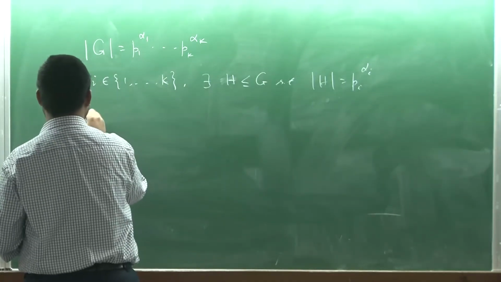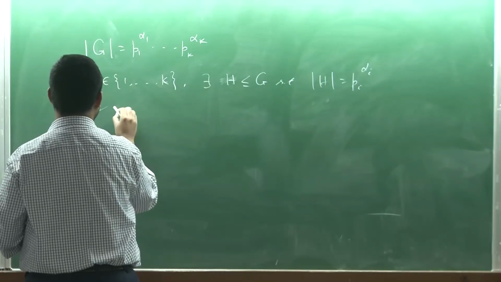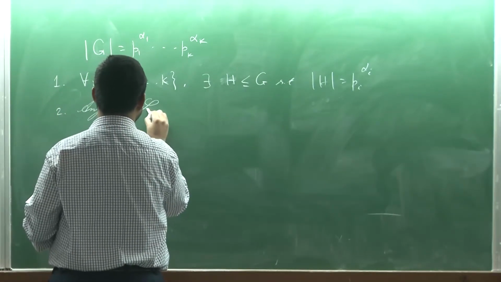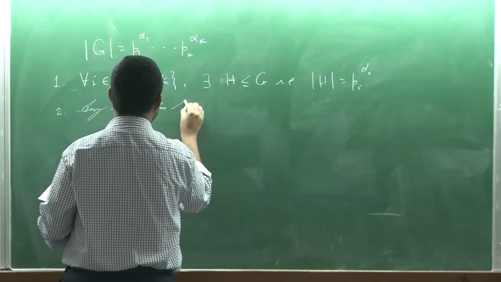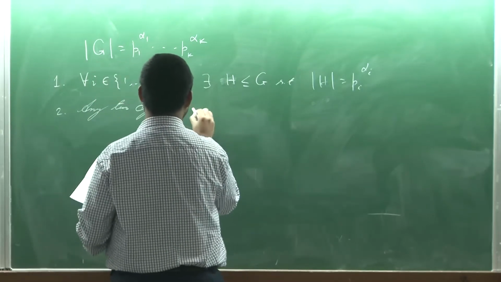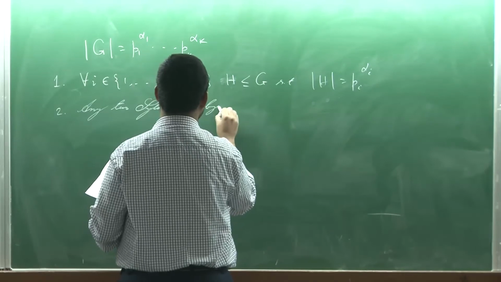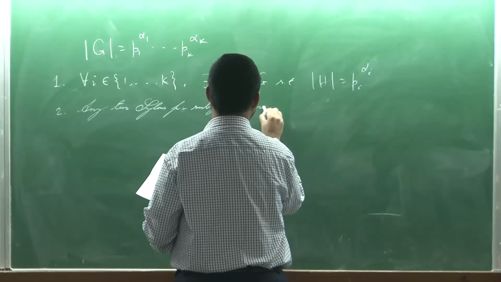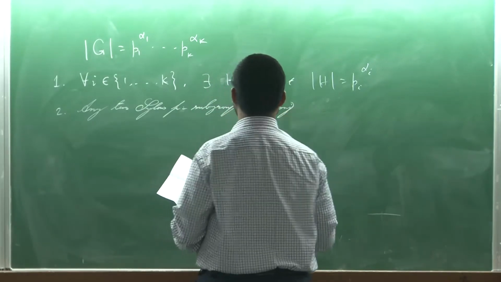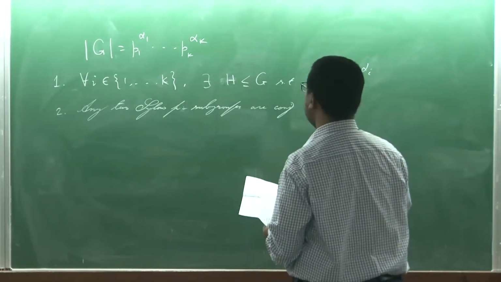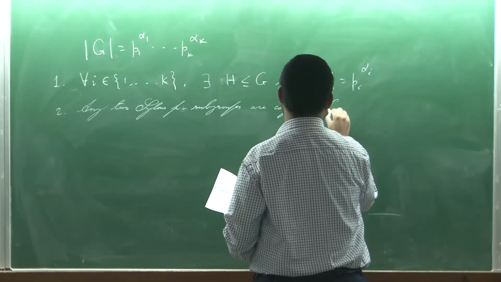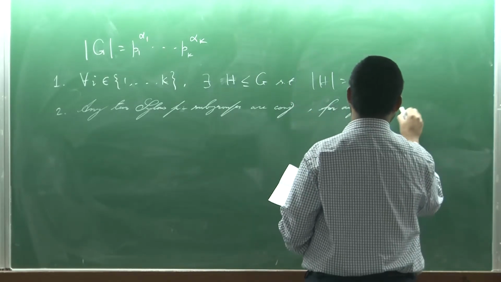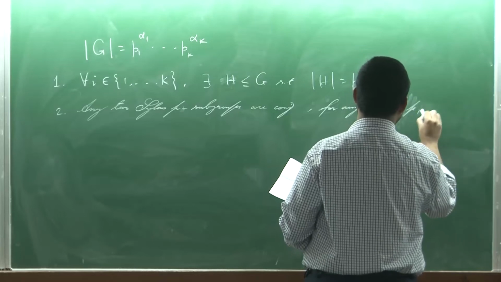The second one says that any two Sylow p subgroups are conjugate, for any prime p equal to p1 up to pk.